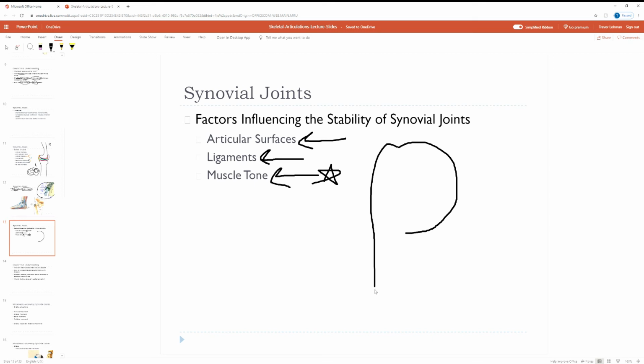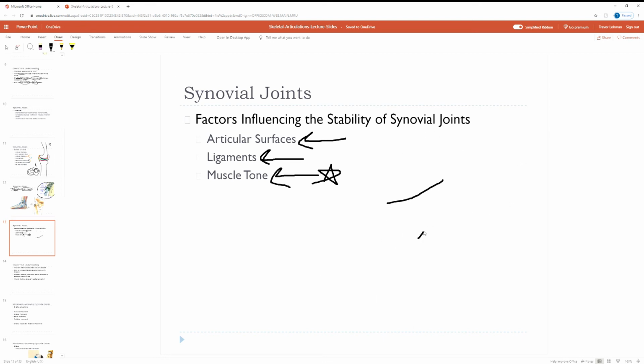So let's say we're talking about our humerus, and then a relatively small glenoid fossa. Here's a scapula, right? That is not that congruent. It's actually fairly congruent compared to most joints, but compared to the hip, which is highly congruent.